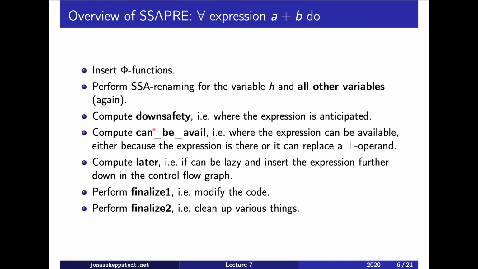In order to reduce the extent to which a temporary variable needs to be put in a register, we try to do this as late as possible. So for each phi function, there is also a computation of an attribute called later, which means we can do it later on in the program. We don't want to do it as early as possible at the beginning of a function, since that would be a waste of register resources.